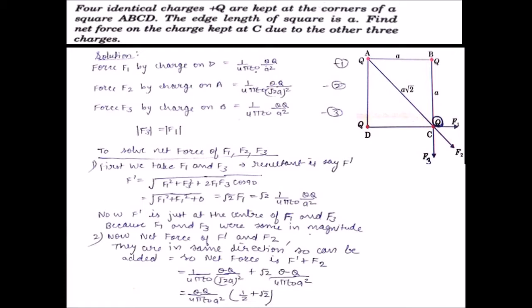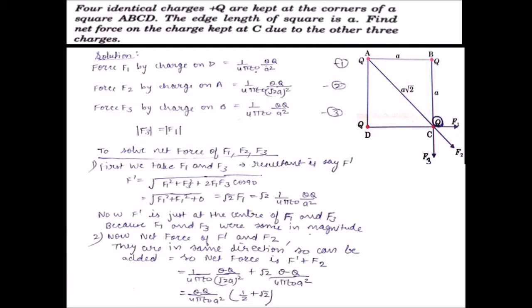F1 is the force by D on C. By Coulomb's formula, force is 1 upon 4 pi epsilon 0, Q1 Q2 upon distance squared. So F1 is equal to 1 upon 4 pi epsilon 0, QQ upon distance a squared.